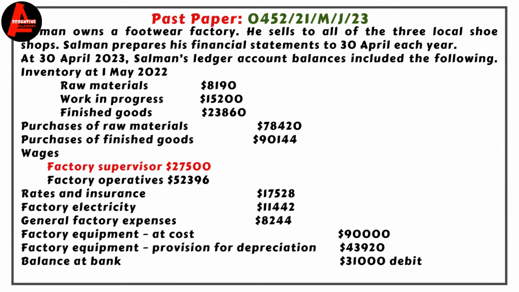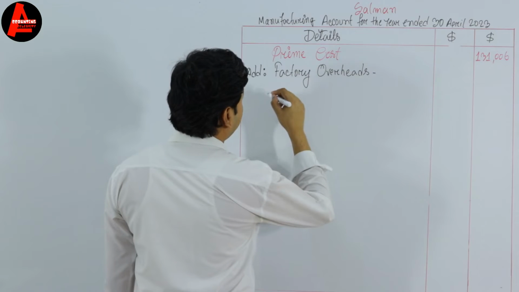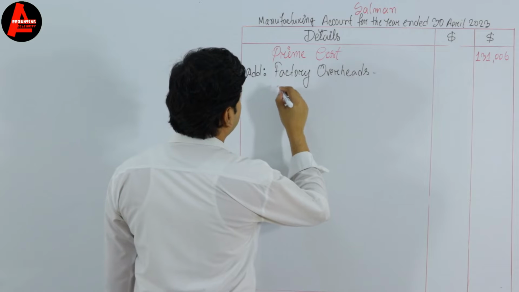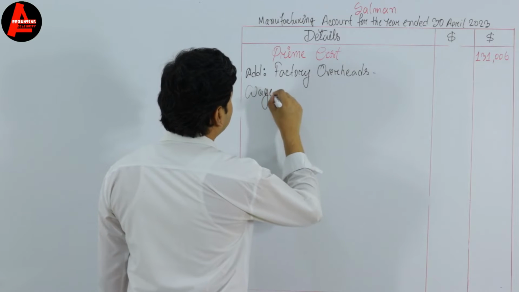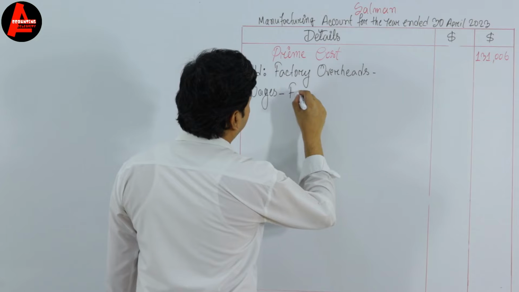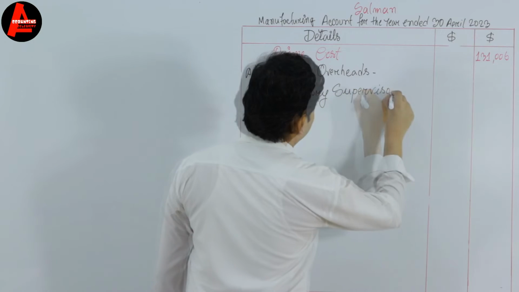It is wages, yeah? Factory supervisors wages, it is $27,500. So here let us write our factory supervisors wages. It is actually indirect labor, okay? So we will write here wages factory supervisors, okay?